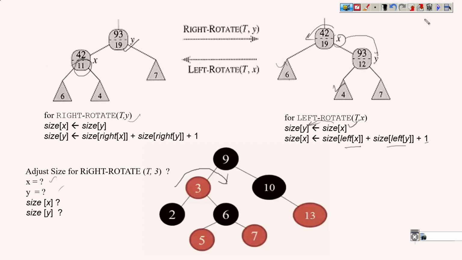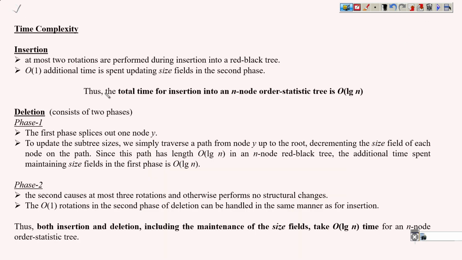Okay, so looking to the next, let's look at the time complexity. What is the time complexity of insertion and deletion in the newly augmented data structure, that is the order statistics tree? In the case of insertion, we have already discussed that two rotations are done, and those rotations may impact two nodes, which can be easily handled with a constant set of operations.